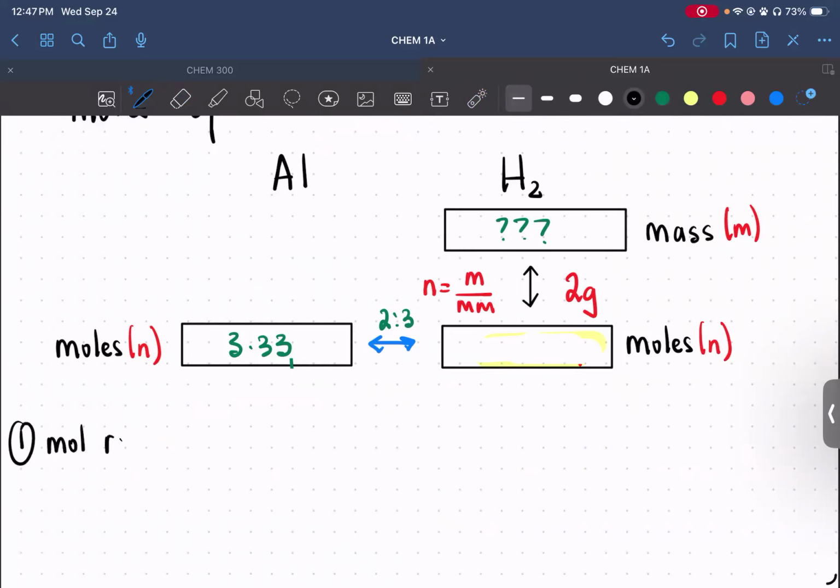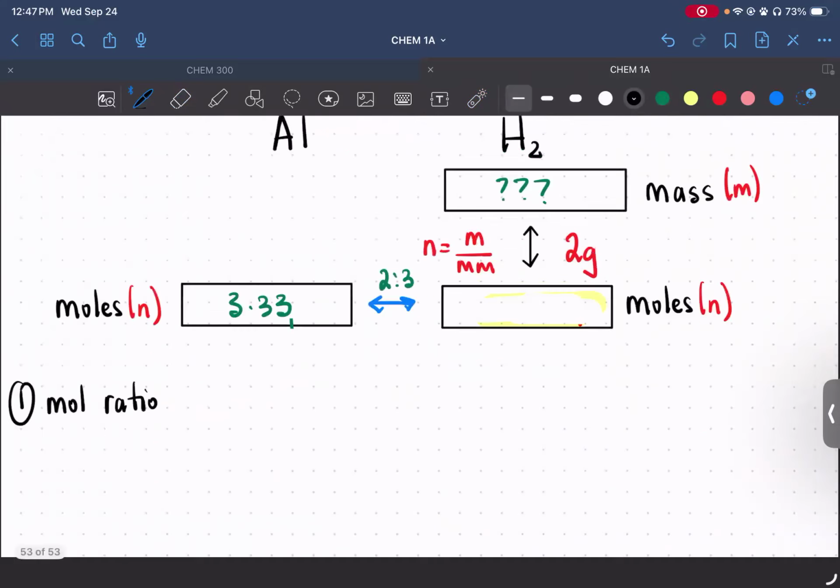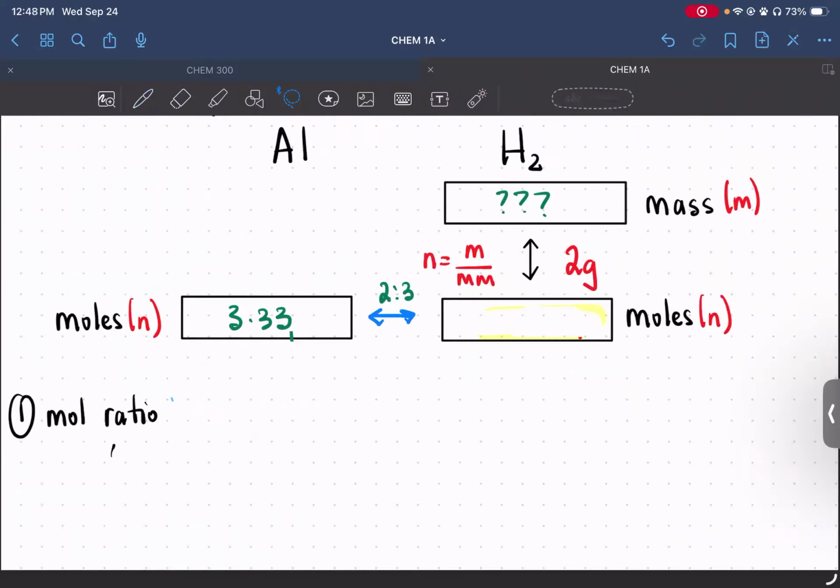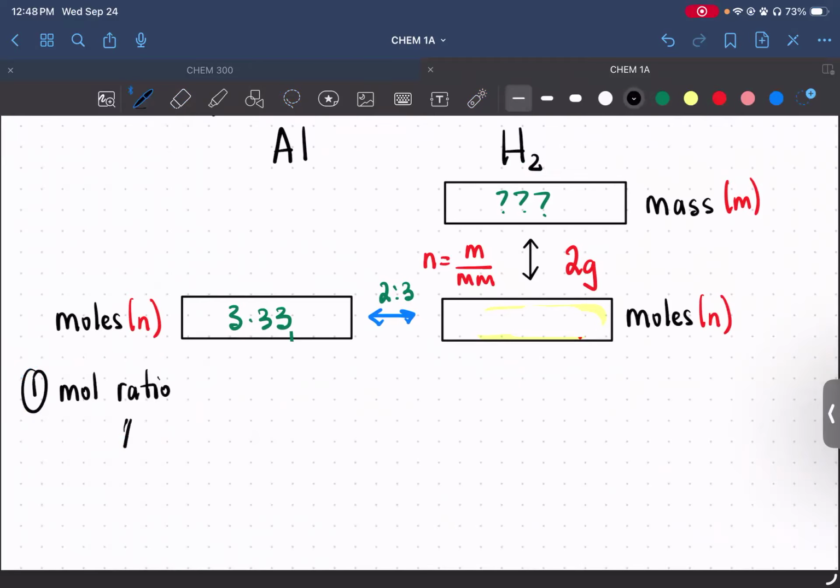Very first thing we do is mole ratio. We are comparing aluminum to hydrogen. We know, here abbreviated with a K, that the mole ratio is 2 to 3. We know that. That is the known mole ratio of aluminum to hydrogen based off of the balanced equation.